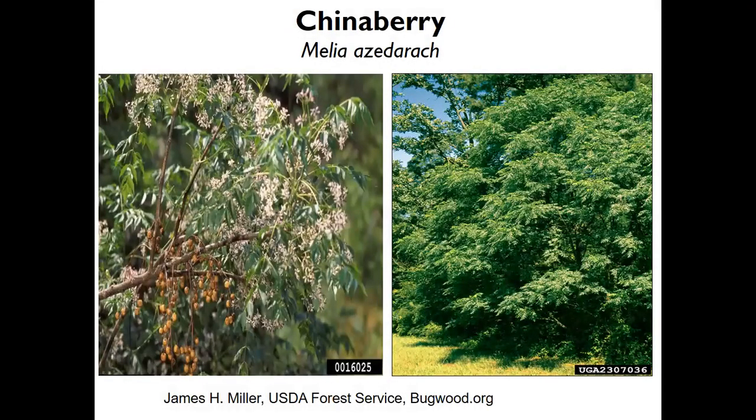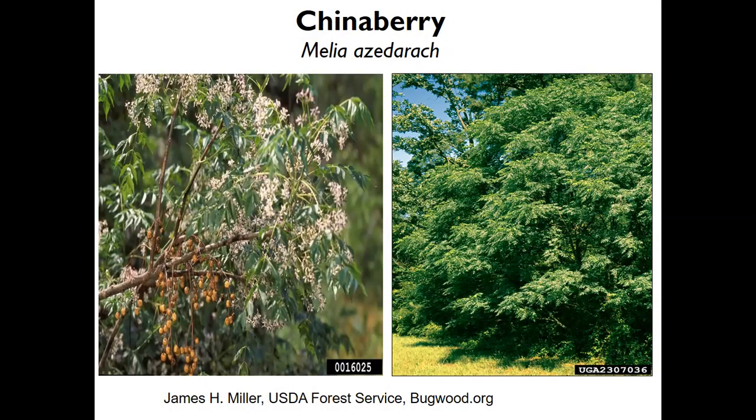Chinaberry originally comes from China. It was originally planted as an ornamental tree around old home sites, and forms colonies from root sprouts. Long-lasting berries are dispersed by birds, and they are poisonous to humans and livestock.